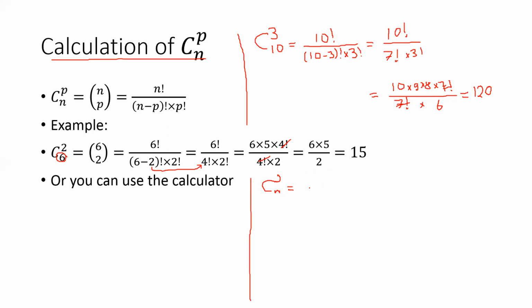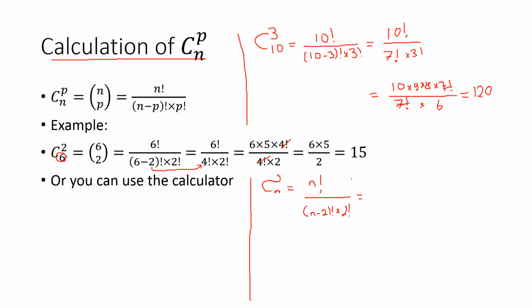N factorial over n minus 2 factorial times 2 factorial, not 2 minus n. Equals... how much is this one?